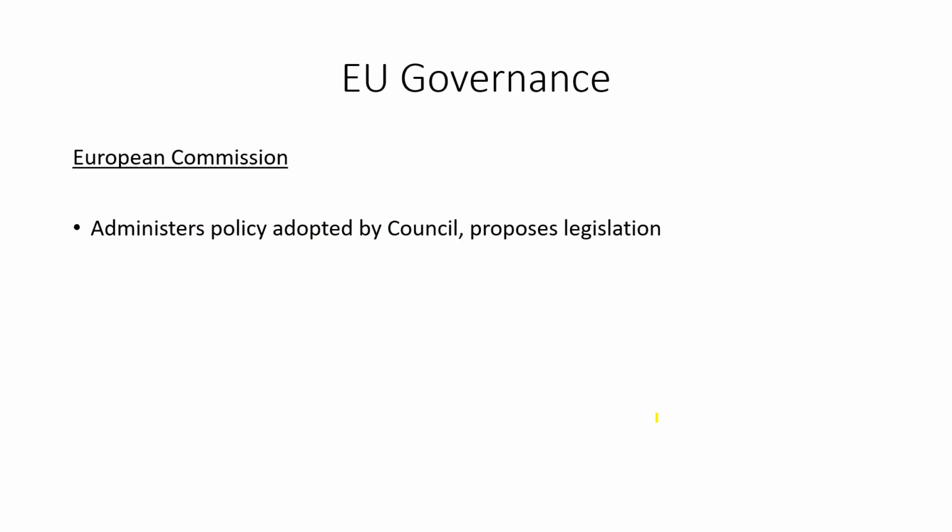The Commission is the administrative arm, similar to our executive branch in the United States. It administers the policy that's adopted by the Council, but it also has a little bit more power in that it proposes legislation as well. There's 28 commissioners, one from each member state, overseeing the administrative arm here.